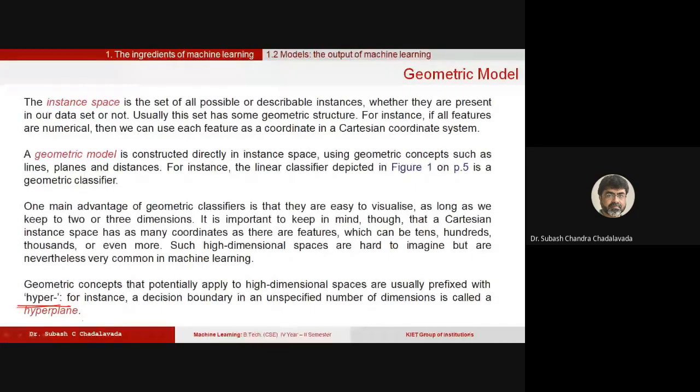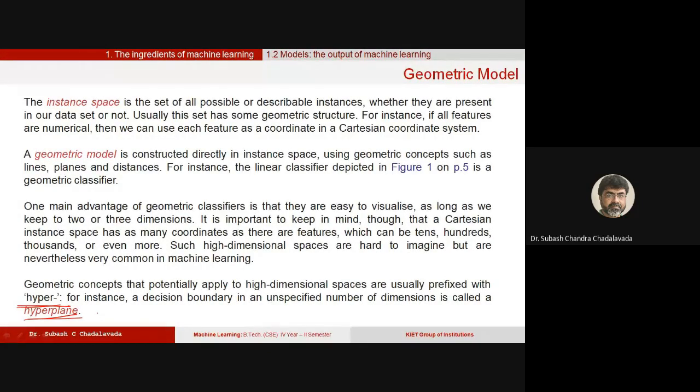But if it's multi-dimensional, it's called a hyperplane. So the word hyper, if it is prefixed to a geometrical concept, then that means it's a multi-dimensional or high-dimensional instance, right?